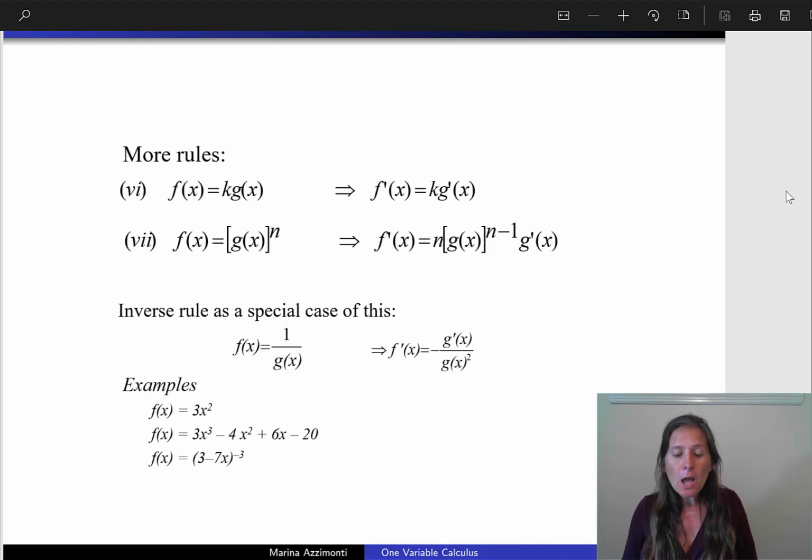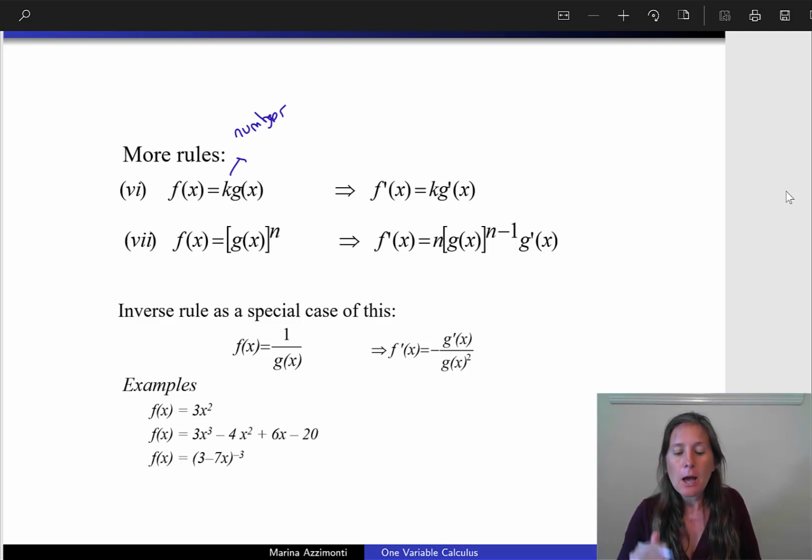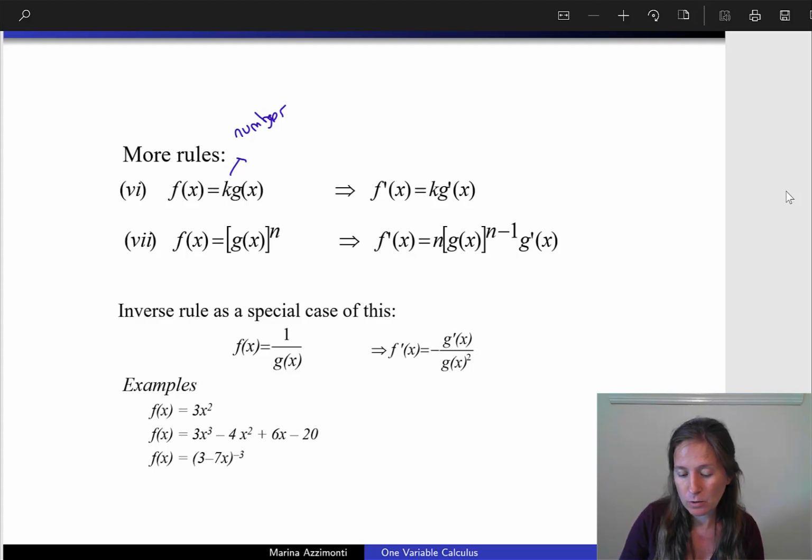Okay? Now there are more general rules. If you have a function that is some number k, which can be positive, negative, any real number, multiplied times another function g, then the derivative is just the number times the derivative of the function g.